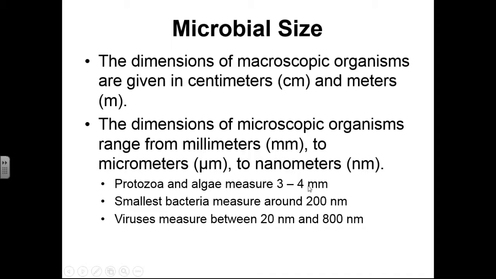Just so I can say that I said it, there are 100 centimeters in a meter, there are 1,000 millimeters in a meter, there are 1 million micrometers in a meter, and there are 1 billion nanometers in a meter. So if we look at big or large eukaryotic cells, they're typically going to be 3 to 4 millimeters across. Actually, that's a typo.